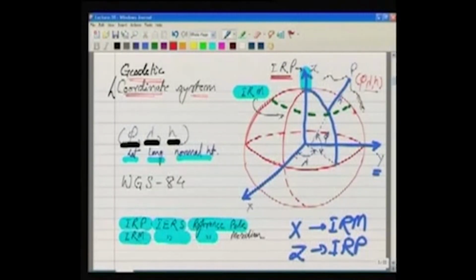This is the way we represent the geodetic coordinate system. We know our WGS84, which is used by GPS, is also a similar system, and in case of WGS84 we know the parameters of the reference ellipsoid, and the GPS makes use of this. So one system of representing the coordinates is phi, lambda, h.